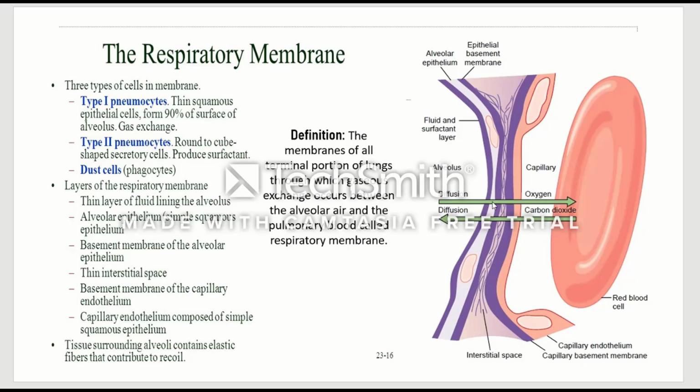First layer is fluid surfactant layer, and then alveolar epithelium, and then basement membrane of the alveolar epithelium, then interstitial space, then basement membrane of the capillary endothelium, and at last capillary endothelium. And respiratory membrane has 3 types of cell: type 1 pneumocyte, type 2 pneumocyte and dust cells.